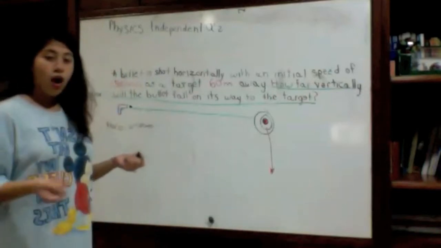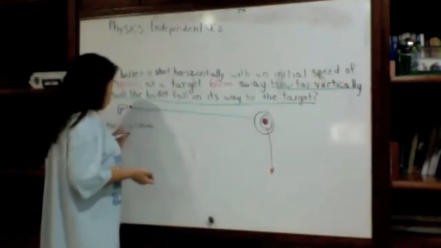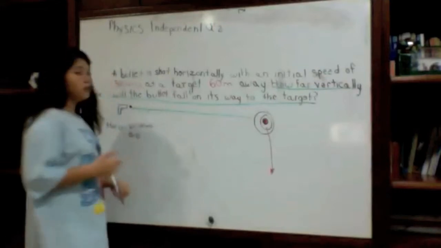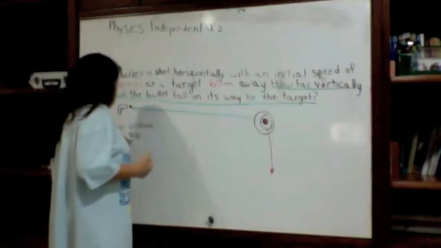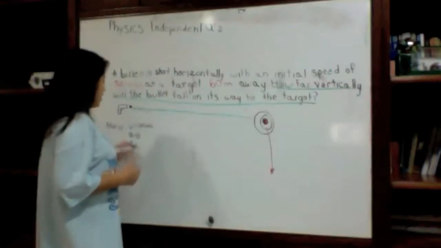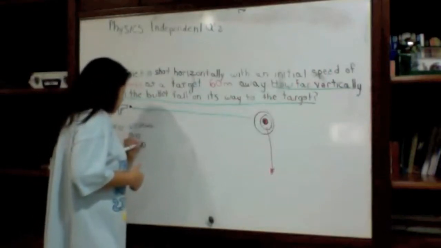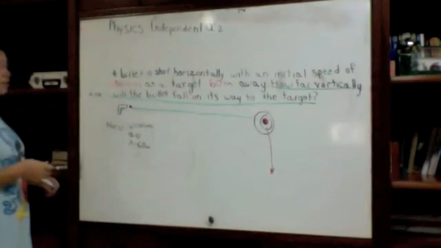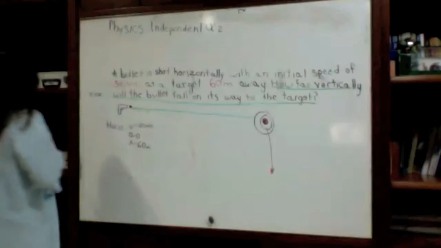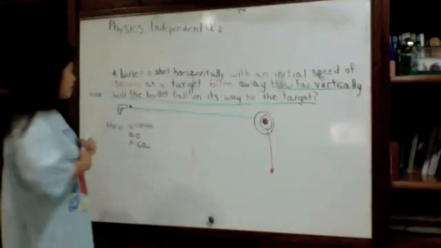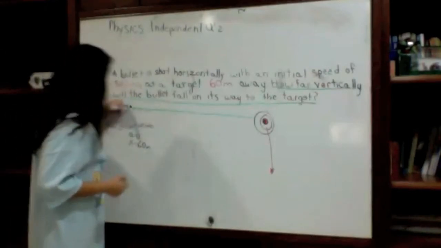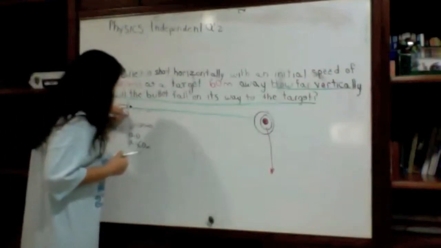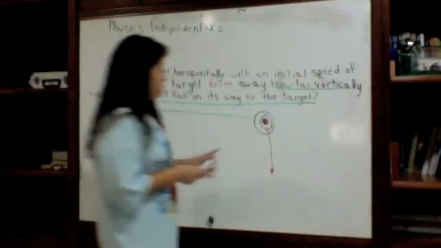We also know our acceleration, or we assume it to be 0. We also know our distance, which is 60 meters, I'm sorry. And let's say that we start here at a position of 0, and we end here at a position of 60.